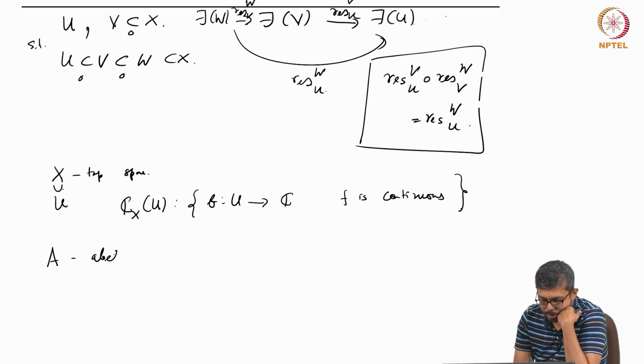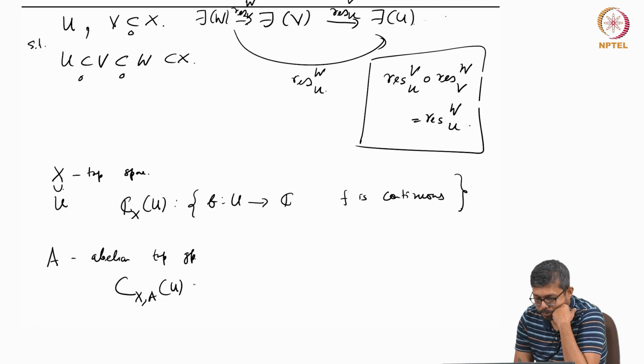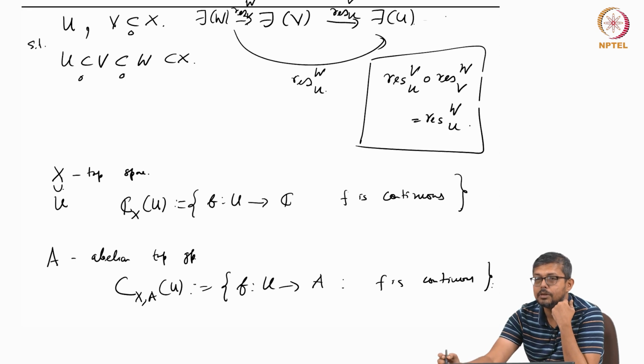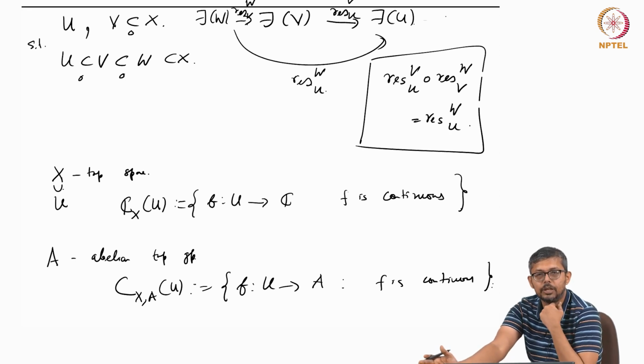So, if you take an abelian topological group A, then you could take C_{X,A}(U), which is the set of all continuous functions from U to A. Instead of C, you could have taken any abelian topological group.